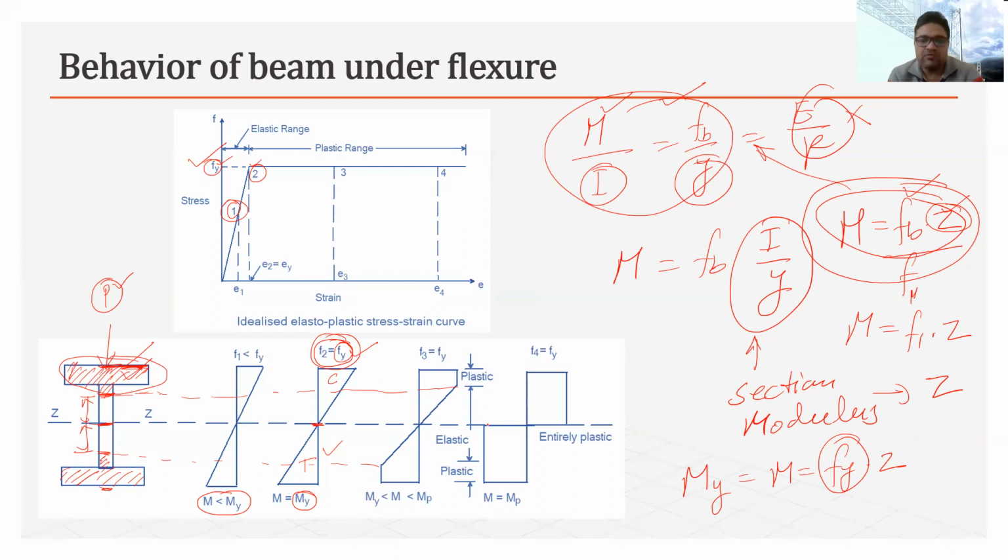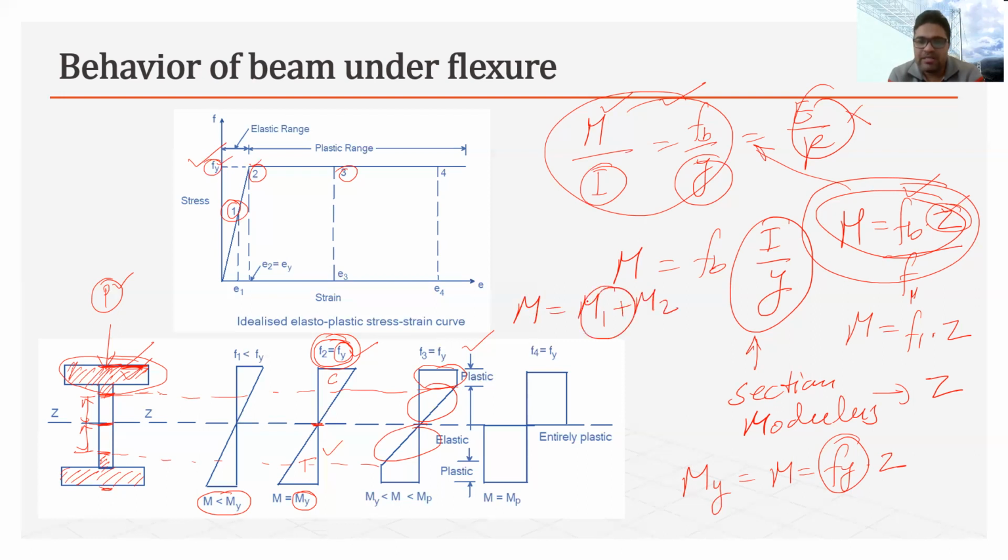The moment of resistance at this stage, which is stage 3, will be the sum of the moment of resistance in this region, which is because of the plastification, and the moment of resistance in this region, because the material is still in the elastic region. So basically the value of M will be M1 plus M2.